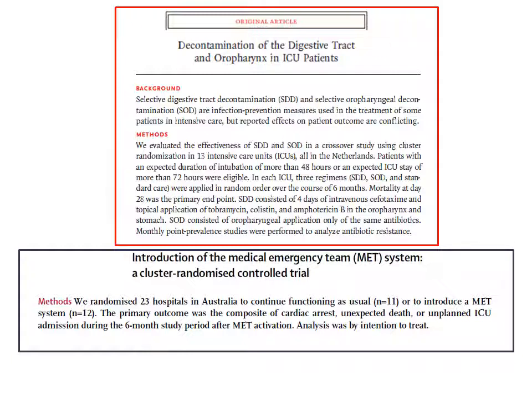And again, it was not possible to randomize a ward patient to receive a rapid response call or not, because once the staff get used to calling the rapid response team, they would call whether there is a Med-System or not. So that had a potential to cause contamination and make it difficult to study the intervention. So the whole hospitals were randomized to either receive a Med-System or continue with the usual system that they have for sick patients on the wards.